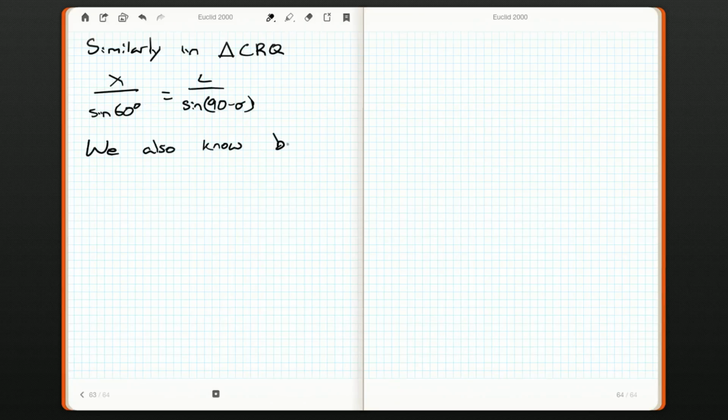So we also know that b plus c is equal to 2. So if we rearrange these equations, if I can get c in terms of x and b in terms of x, then I can add those two together, and I'll get the constant 2 in terms of x, and hopefully I can solve for x. And that'll be in terms of a bunch of angles like sine 60 degrees, but also in terms of things like sine 90 minus sigma.